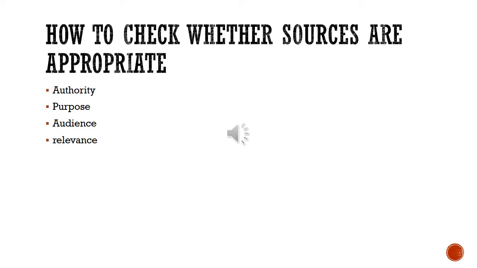For example, you cannot give information from sources which are outdated. You need to give recent, fresh data, fresh information from recently published sources. So relevance is also very important when we are choosing appropriate sources.